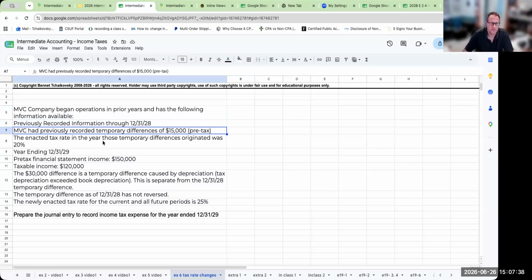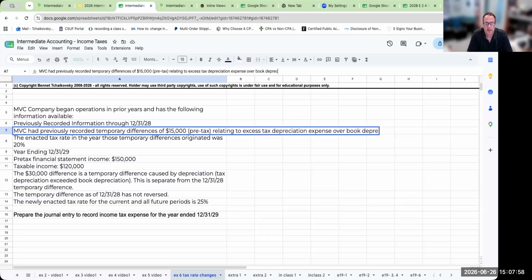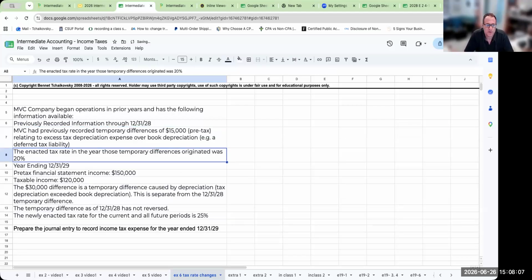And I should clarify this particular question: this was a temporary difference, pre-tax, relating to excess tax depreciation expense over book depreciation, i.e., a deferred tax liability. The enacted rate in that year was 20%.